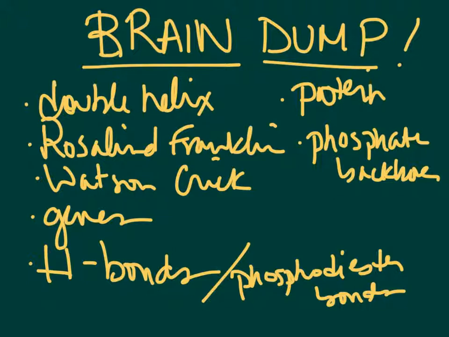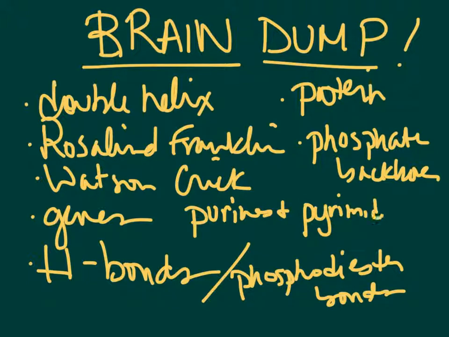What else do we know about it? There's pyrimidine and purine. So some of these things might be from reading last night, right? Some of these things you might recall from chapter 2.